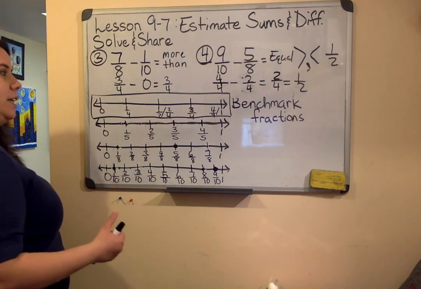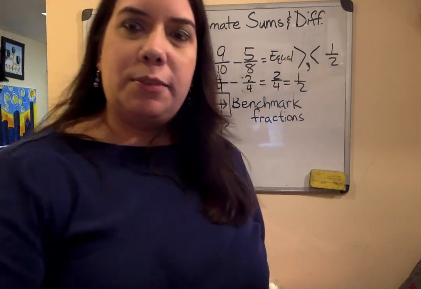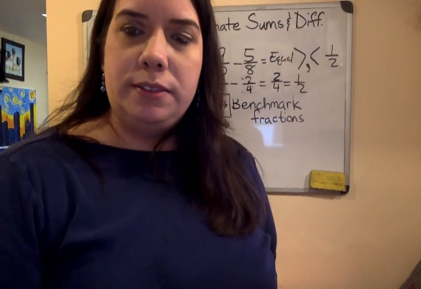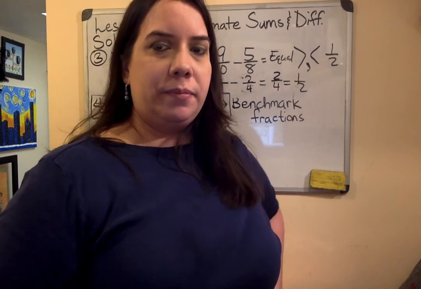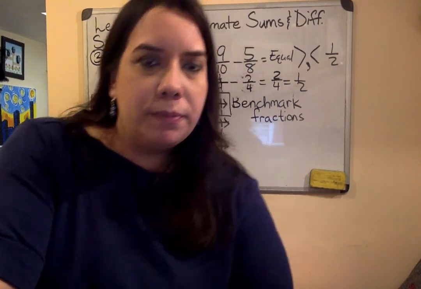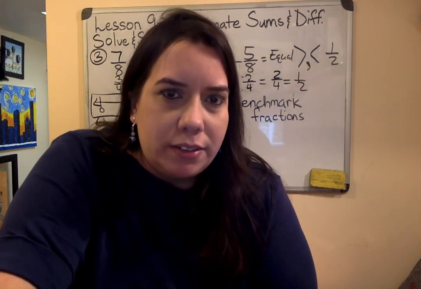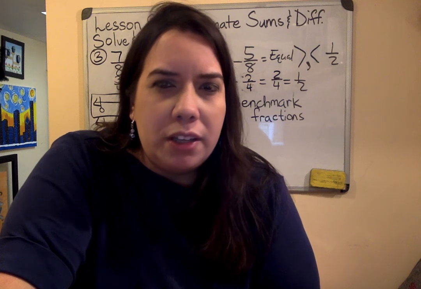That's what we're going to work on. So I'm going to go ahead and leave these benchmark fractions up, but now I need you to turn to the next page on 502, and we're going to work on the word problem here. It says, together Randy and Martha bought about a pound of nuts. Fana bought about a quarter less than Chuck.